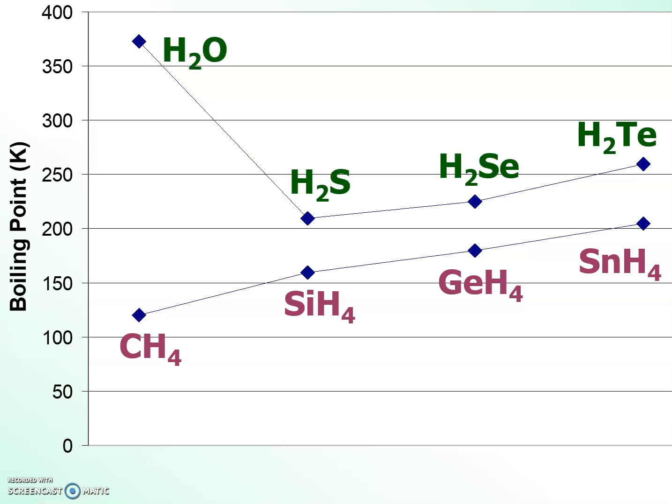In a similar case, water, hydrogen sulfide, hydrogen selenide, hydrogen telluride. In this, water is found to have a higher boiling point when compared with the remaining compounds. The concept behind this is that the hydrogen is common in all the cases, only the central atom varies. The central atom should exhibit more electronegativity to exhibit high hydrogen bonding.